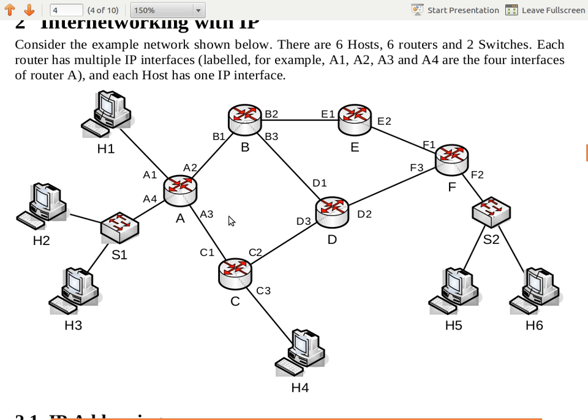Convert to dotted decimal and we get 60.45.12.0. That's the network address. So instead of me calling it net 1, I can call it 60.45.12.0/28.